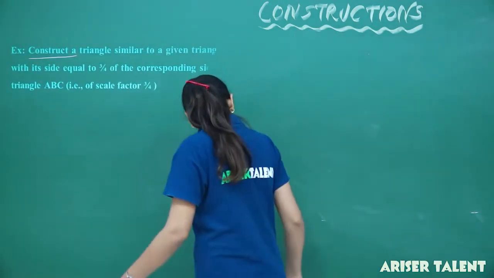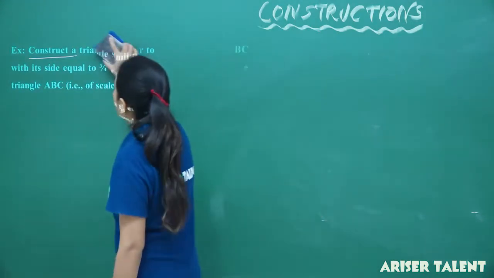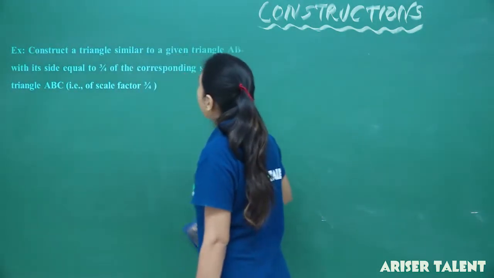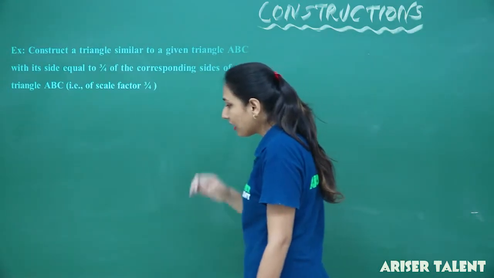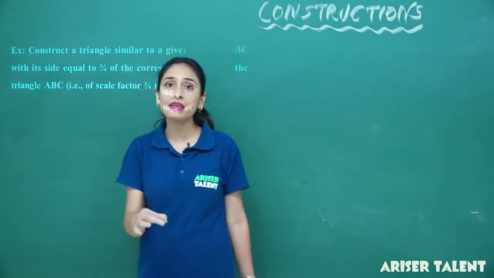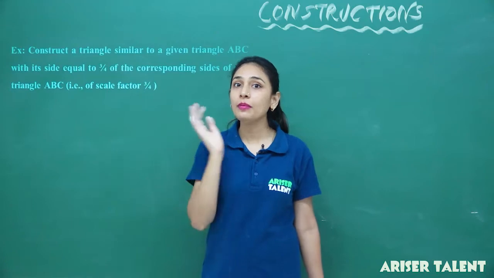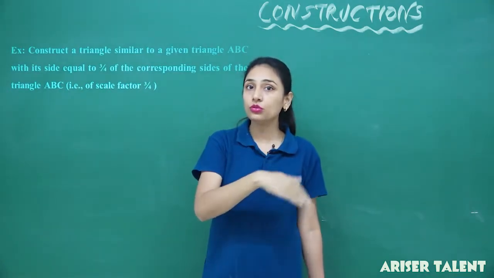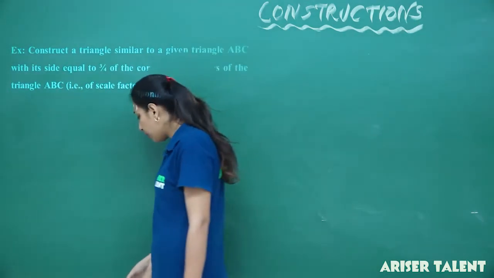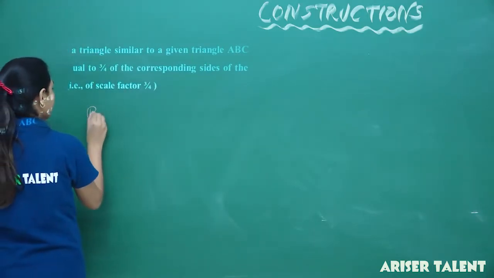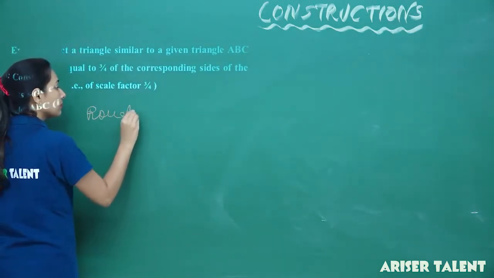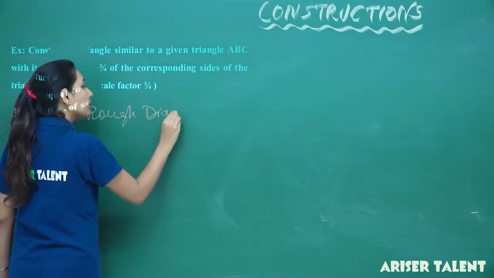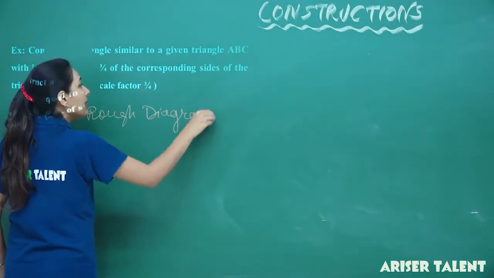Now this is the example that we need to complete. Construct a triangle. Whenever I solve a problem, I make a rough diagram first, and then I make that into the actual one. This will help you, because you just have to make the similar triangle.